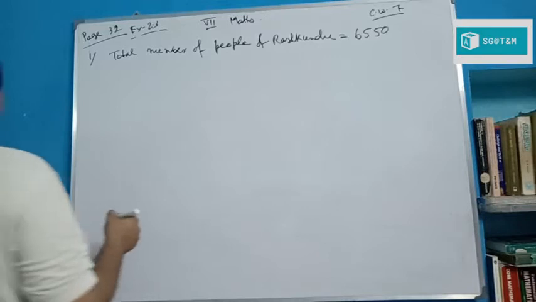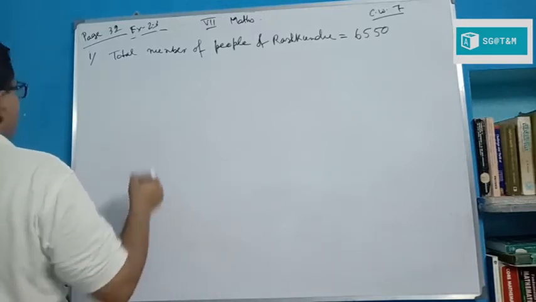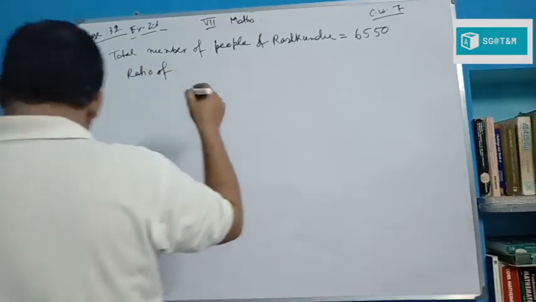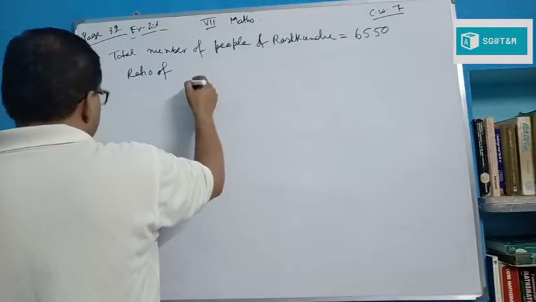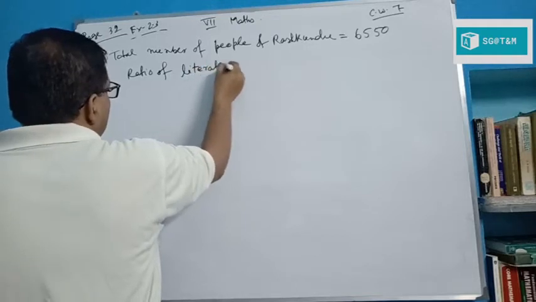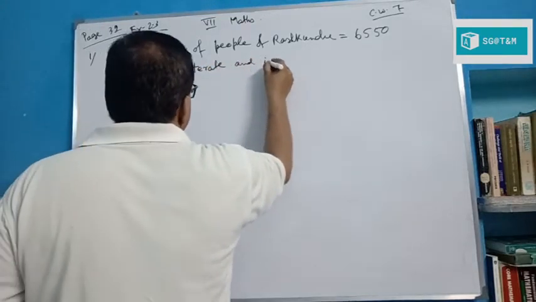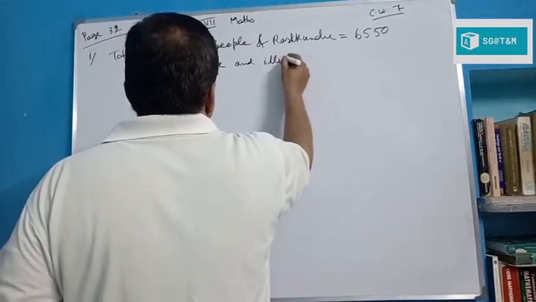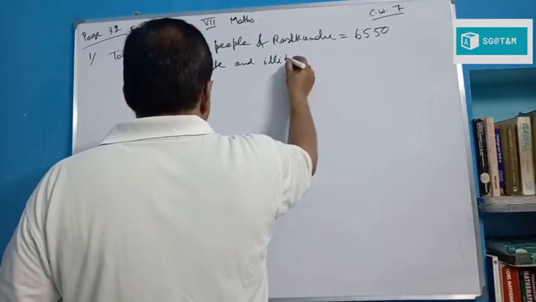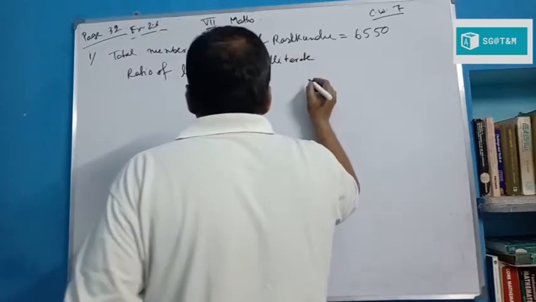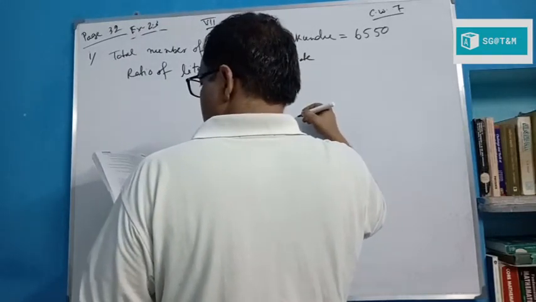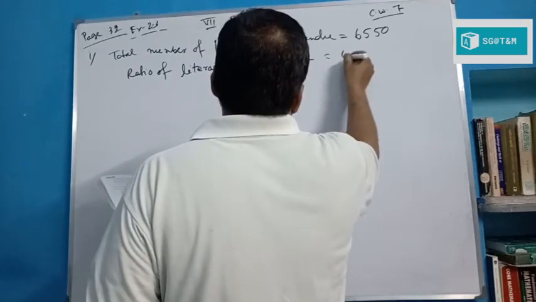And the ratio of literate and illiterate is how much? 4:1.